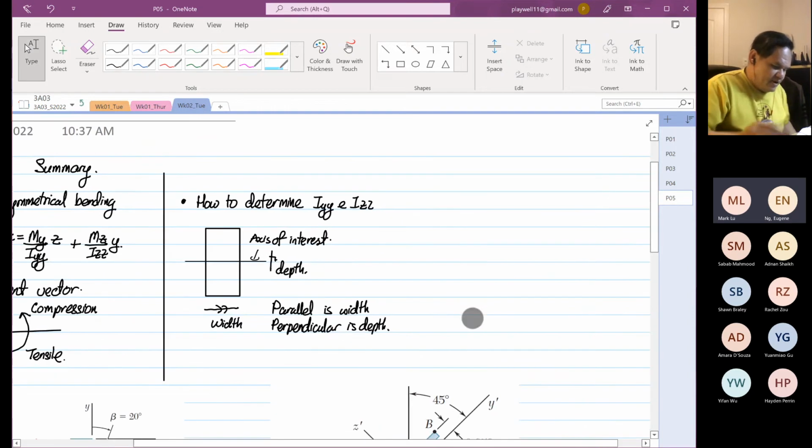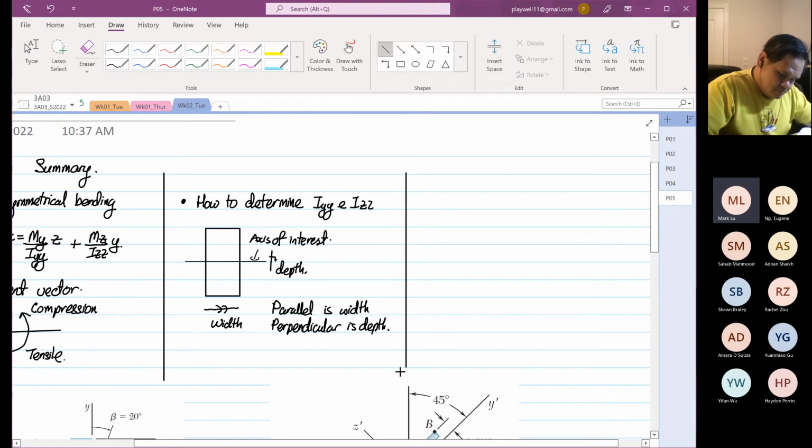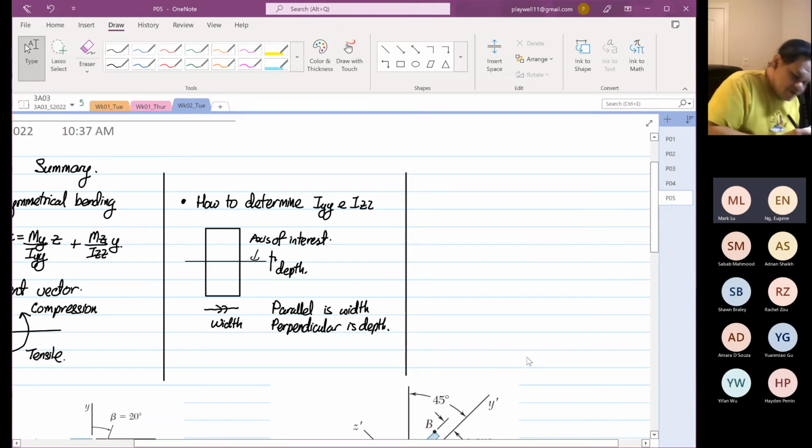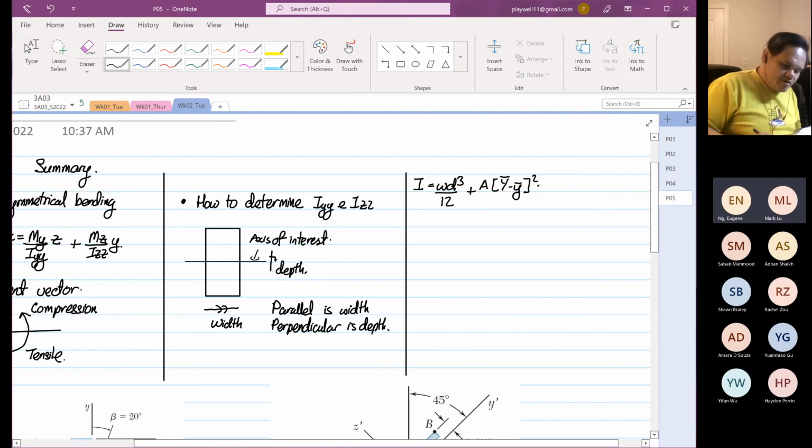Okay, and then you also can write out the formula. The second moment of area is equal to width times depth cubed over 12 plus A times (big Y bar minus small y bar) squared. Okay, so you can also write this down.